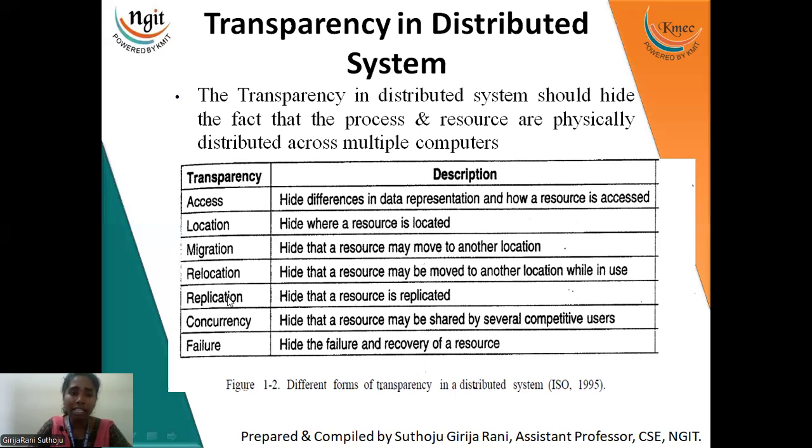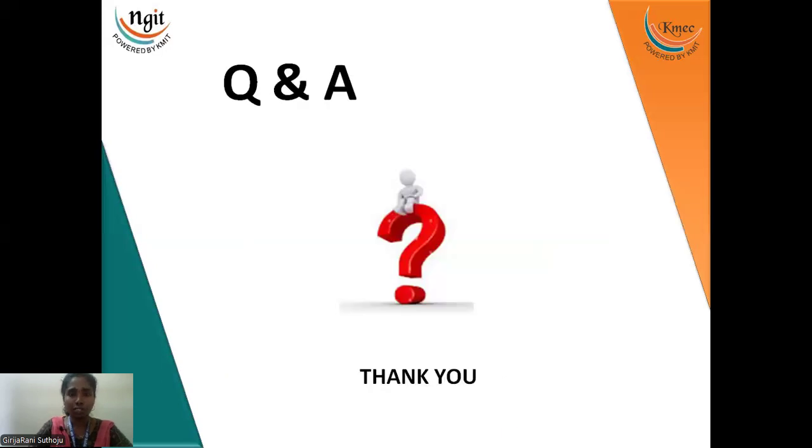Replication means hiding the resources which are backups, or replicas, mirror images and so on. Concurrency, as we just discussed, is about load balancing, sharing of data, and sharing of services, so we should hide that from the users, right? Failure: whenever we have n number of faults, we should be able to recover and replace immediately, and all these things happening in the background should be hidden from the users, right? So all these are about the goals of distributed systems.